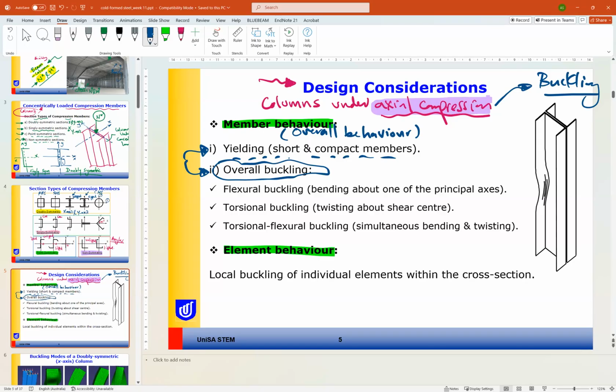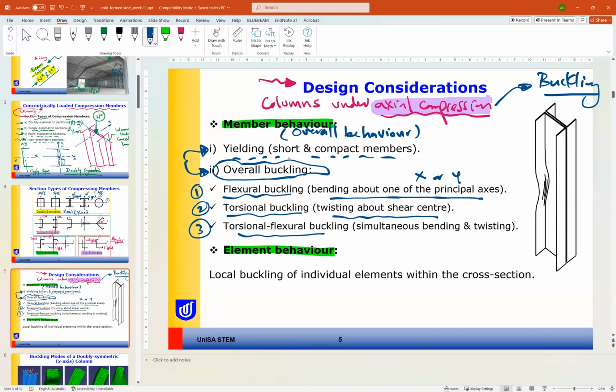In columns, we have three types of overall buckling. One, two, three. We have flexural buckling, which means bending about one of the principal axes, X or Y. Torsional buckling means twisting about the shear center.